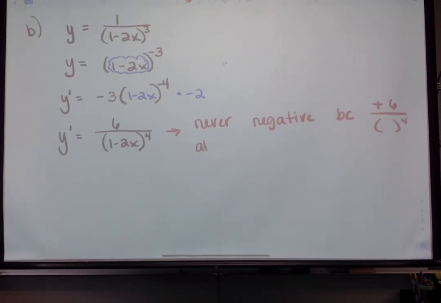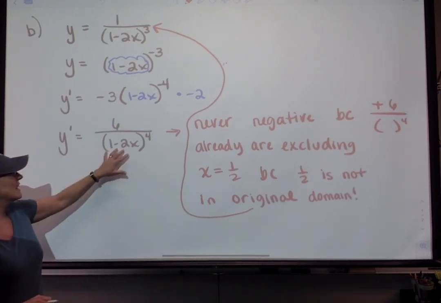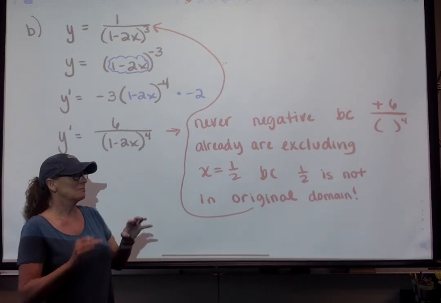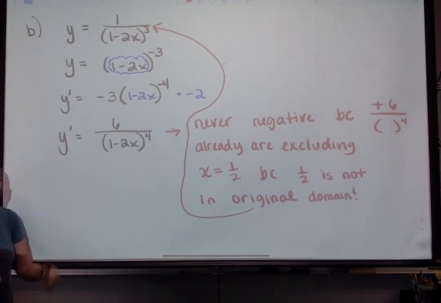And we already are excluding x equals 1/2 because 1/2 is not in the original domain. So knowing that x can't be 1/2, it could be anything else, doesn't matter what it is, when you plug it in, the result of this fraction will always be positive. Woohoo!